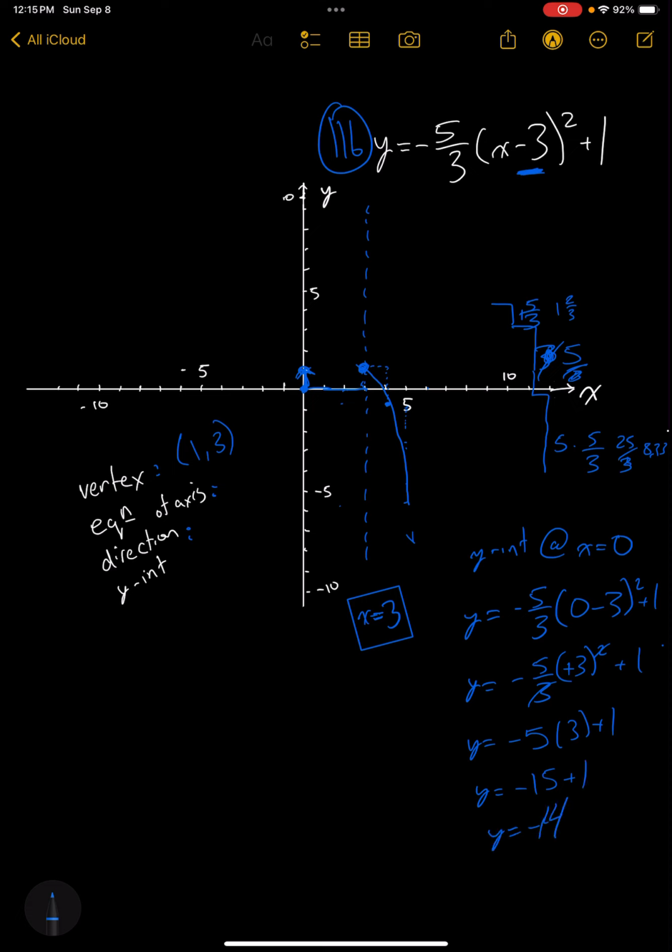And I think I guessed it was going to be 1, 2, 3, 4, right there. The equation of the axis is x equals 3, and the y-intercept is 0, negative 14. And that's how we graph.